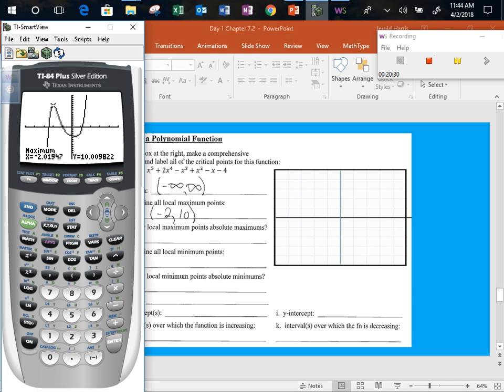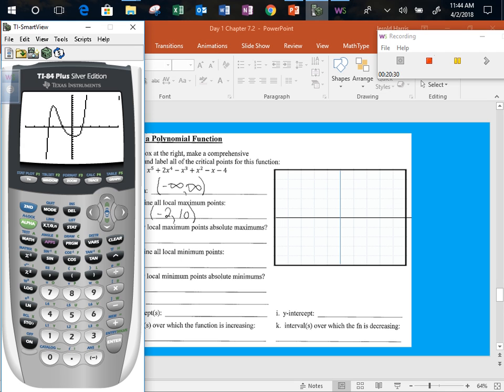Now the next question said, are any local maximum points an absolute? In this case, the answer is no, since this branch continues forever. Now let's find the local minimum. So second, calculate, minimum. And then once again, let's go to the left and hit enter on that. Let's get to the right and hit enter on that. Once again, the calculator says guess. We don't want that guess, so there we go.